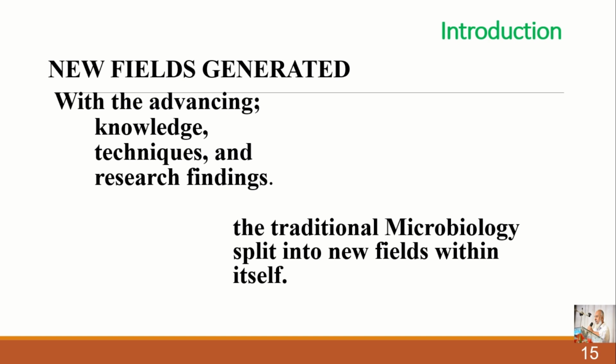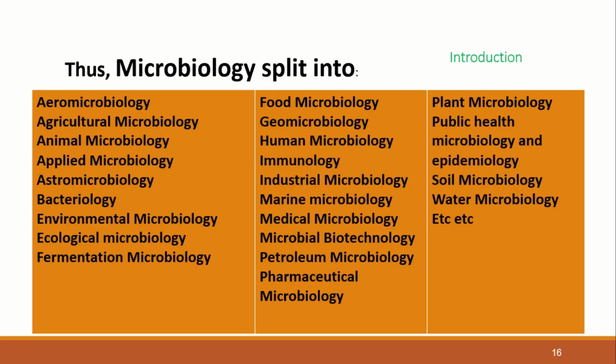New fields are generated with advancing knowledge, techniques, and research findings. Traditional microbiology split into new fields within itself, just as biology split into many types of biology. Now microbiology also has further classification: aeromicrobiology, agricultural microbiology, animal microbiology, applied microbiology, astromicrobiology, bacteriology, environmental microbiology, ecological microbiology, fermentation microbiology.